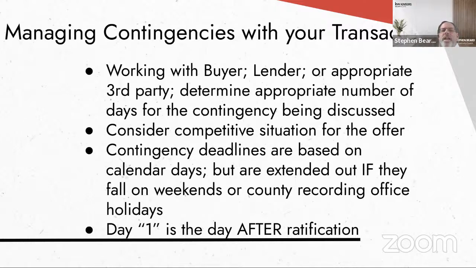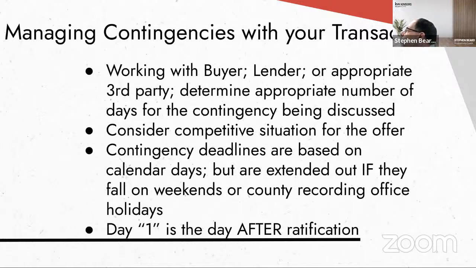It's not a holiday and it's not a weekend. But let's suppose day 10 was Saturday. The contingency would automatically be extended to Monday, unless it's a holiday weekend, in which case it'd be Tuesday. So buyers inadvertently sometimes get more than the number of days they bargained for because the calendar works out that way. For all contingencies and all contract deadlines, day one is the next day, but all endings cannot be on non-business days.